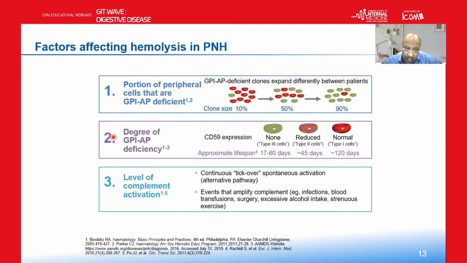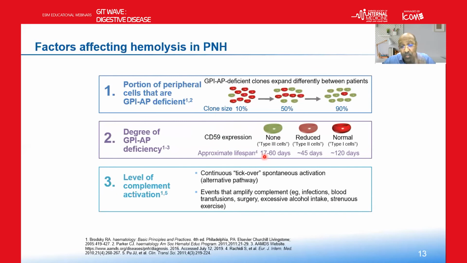The other important parameter is the degree of GPI deficiency measured by CD59 expression. This can be done in the lab by tests which I will talk about. The cells can have no GPI expression at all, and this is called a type 3 cell.